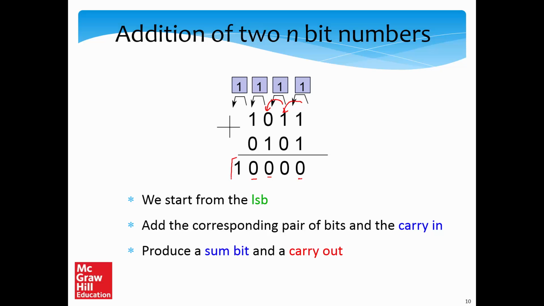So the final result is 1 and 4 zeros. So we start from the least significant position, the LSB. Then we add the corresponding pair of bits and the carry in, and we produce a sum and the carry out. The carry out at the ith position is the carry in for the (i+1)th position.